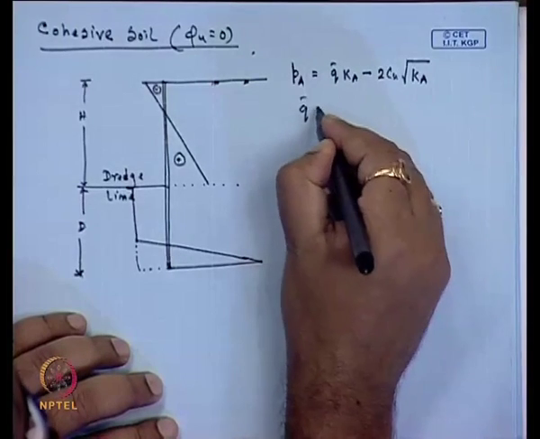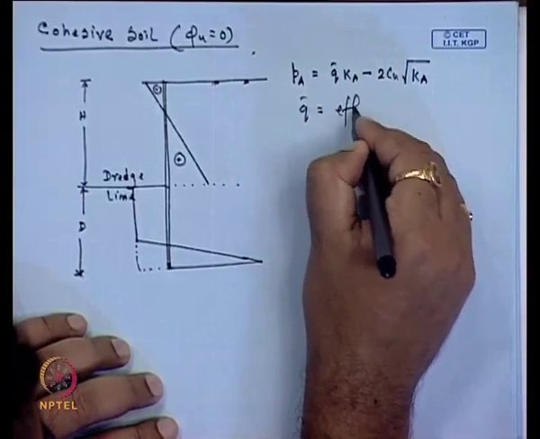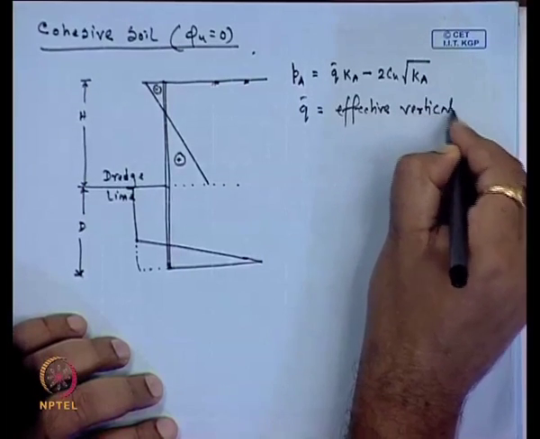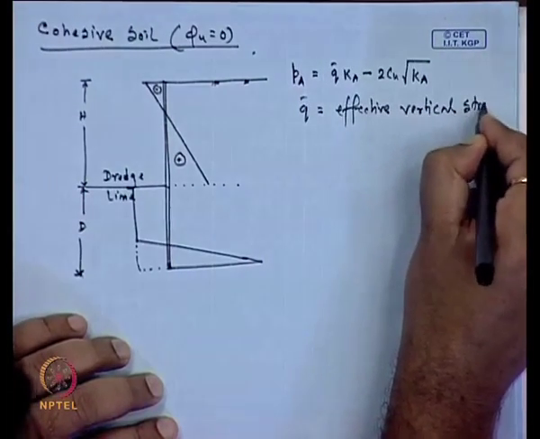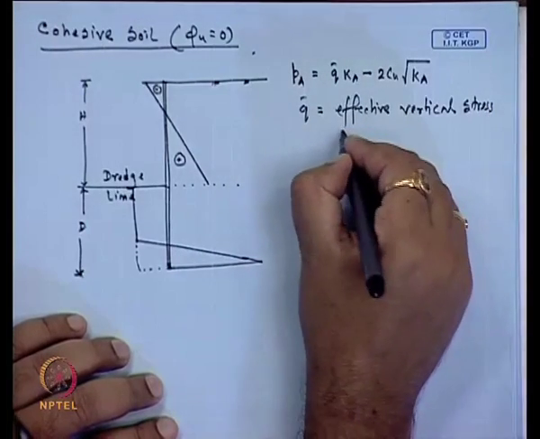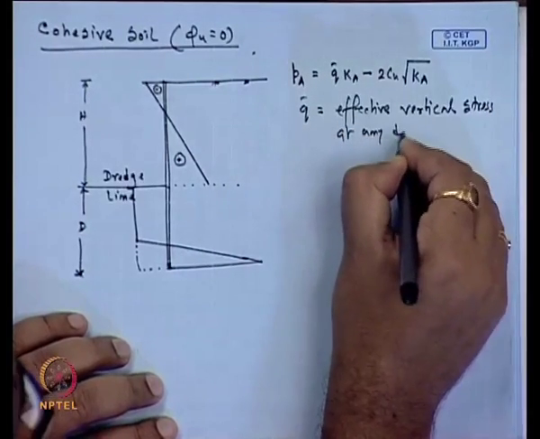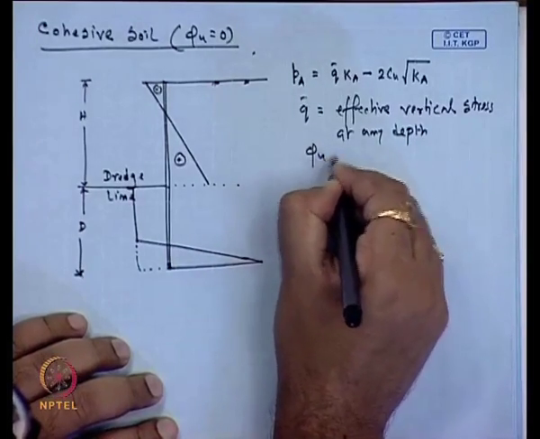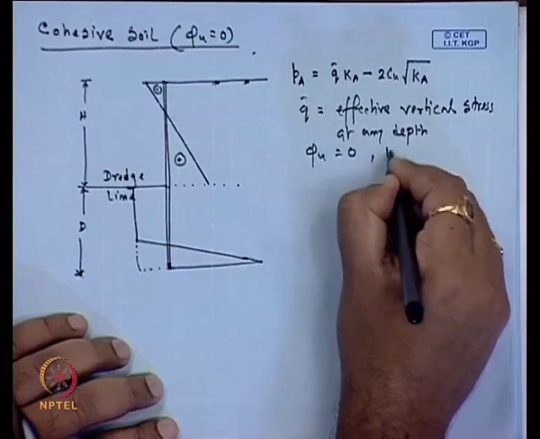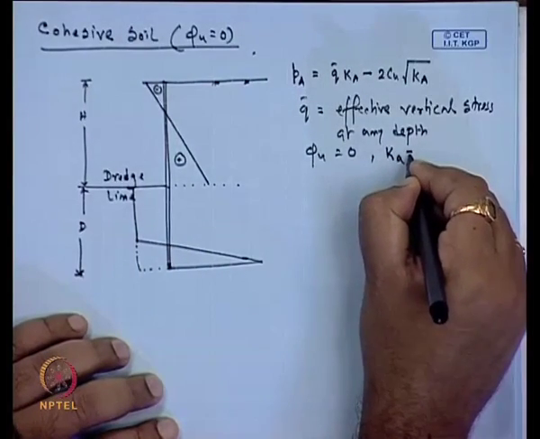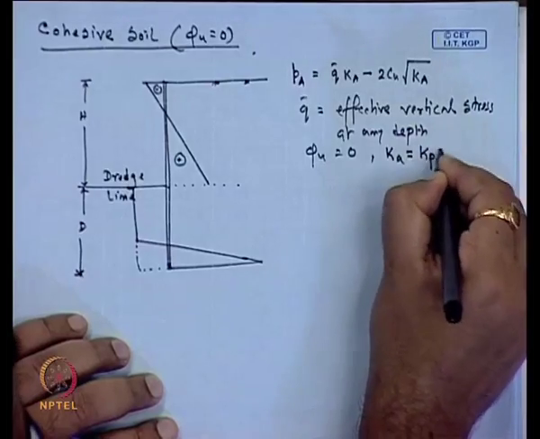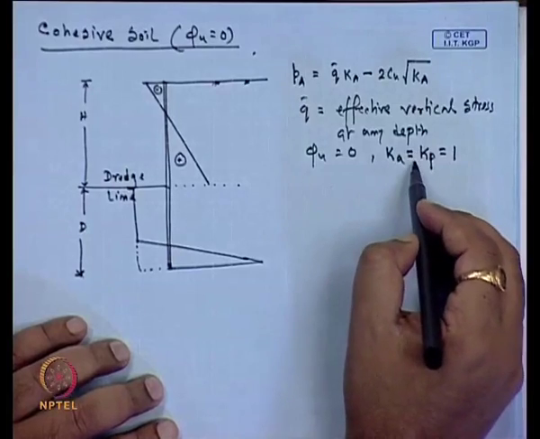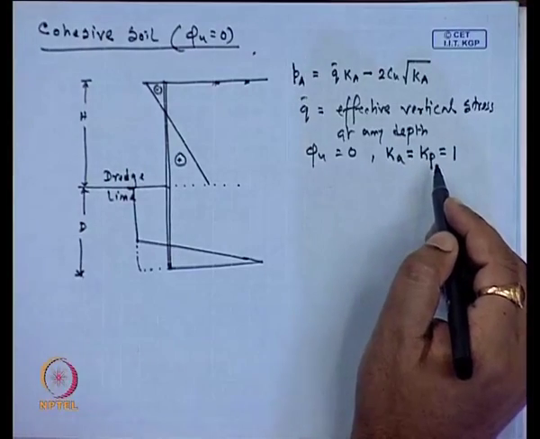Now, here Q bar is equal to the effective vertical stress at any depth. And here phi u is 0. So, your K_A is equal to K_P, which will be equal to 1, as phi u equal to 0 for this expression.